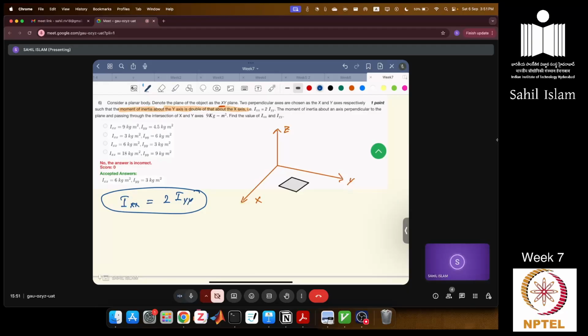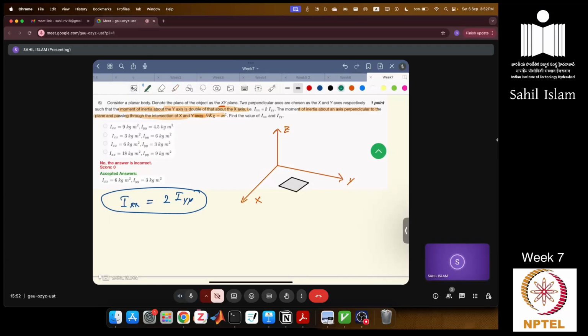Okay, moment of inertia about the y axis will be Ixx. Fine. The moment of inertia about an axis perpendicular to the plane and passing through the intersection of x and y is 9 kg meter square.